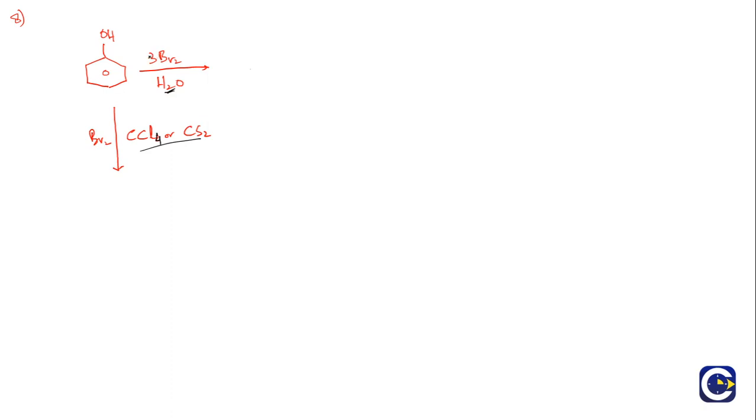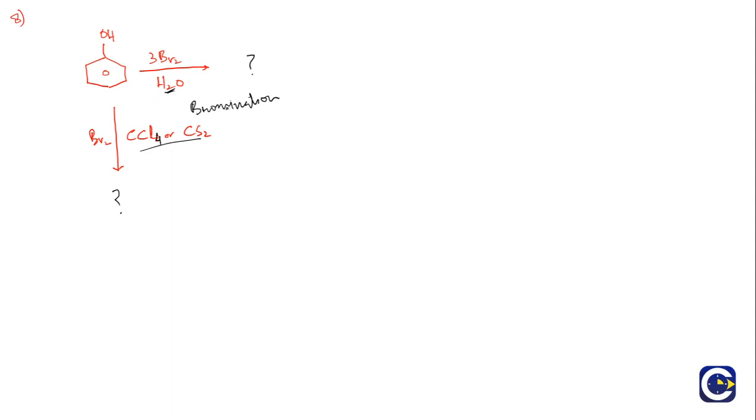When the phenol reacts by either pathway, in the first we have bromine in the presence of water, and we have to predict the reaction product. In this case also we have to give the reaction product. Again, this is a bromination reaction.